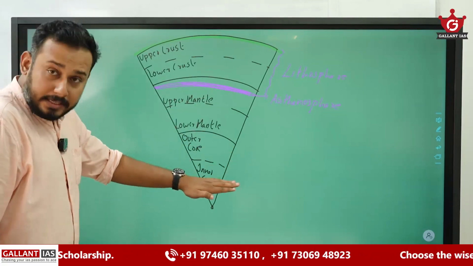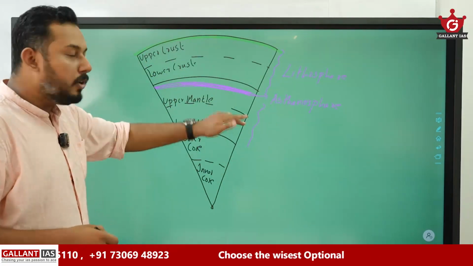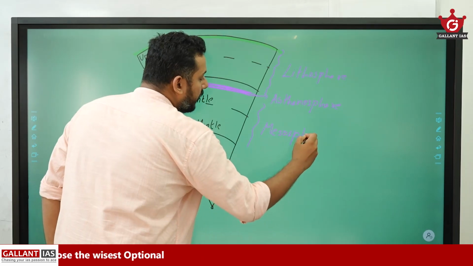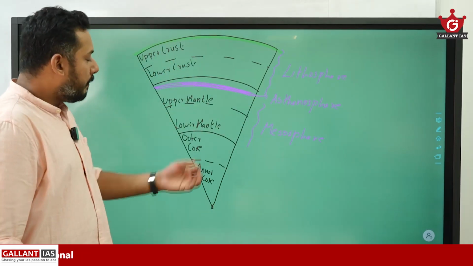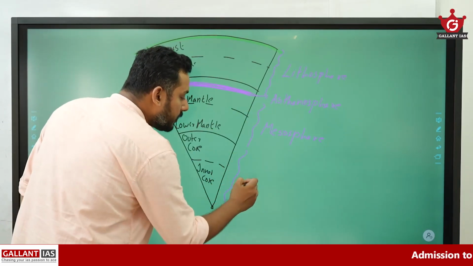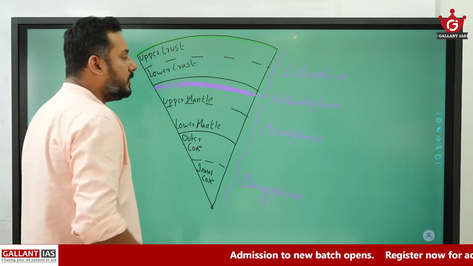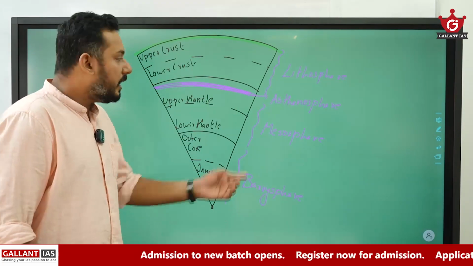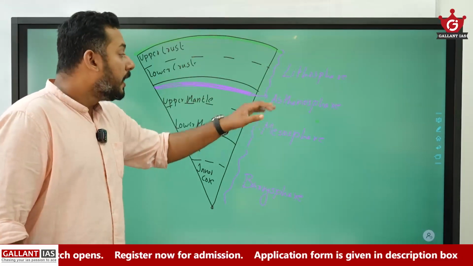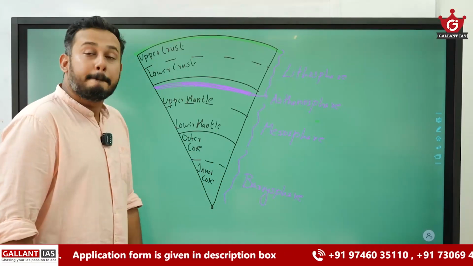The mantle region below the asthenosphere, we call the mesosphere, and the core region is called the barysphere. So this is yet another classification of Earth's interior. Within the upper mantle we have the semi-solid asthenosphere; above it is the lithosphere, below it is the mesosphere, and the core region is the barysphere.